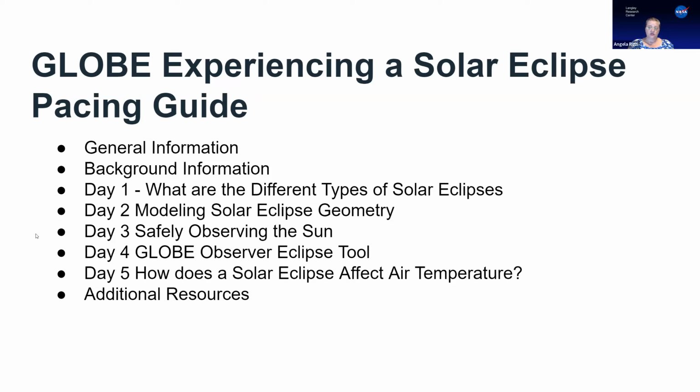Day 4 is using the GLOBE Observer eclipse tool from the GLOBE program. And then day 5, how does a solar eclipse affect air temperature? They will relate that to what they observed on day 4. And there are always additional resources.